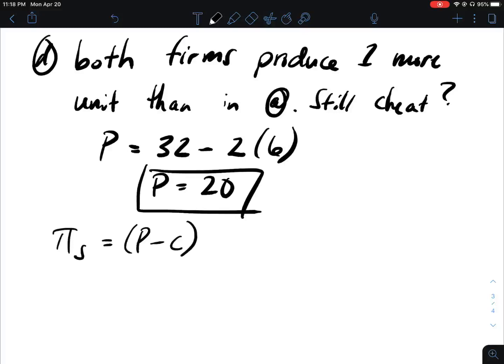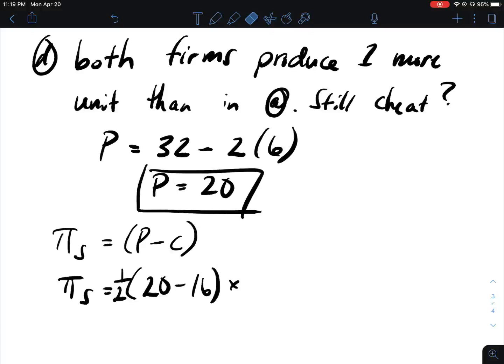Let's go into Squeaky Clean's profit function. So Squeaky Clean, we plug in that 20, their marginal cost, and multiply it. 1/2, because they're splitting it evenly.